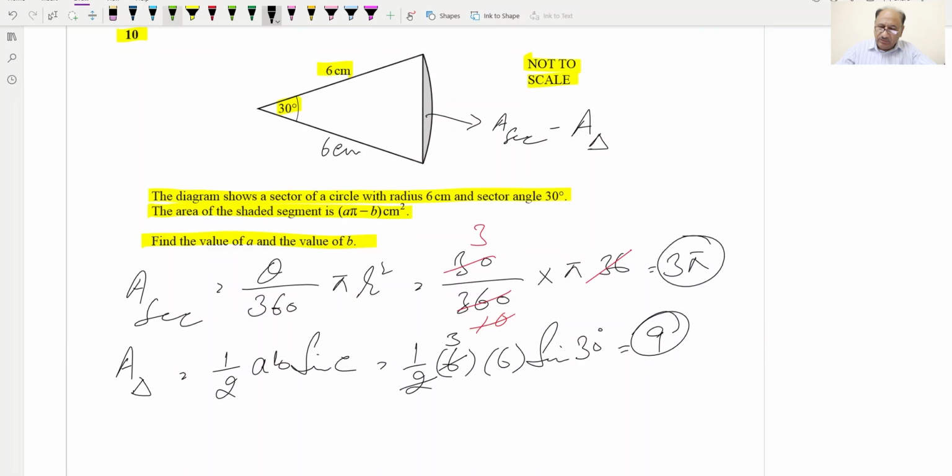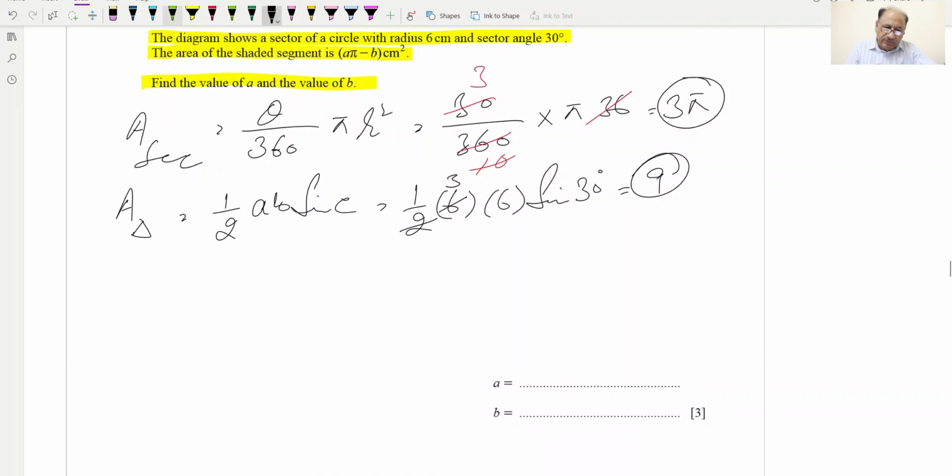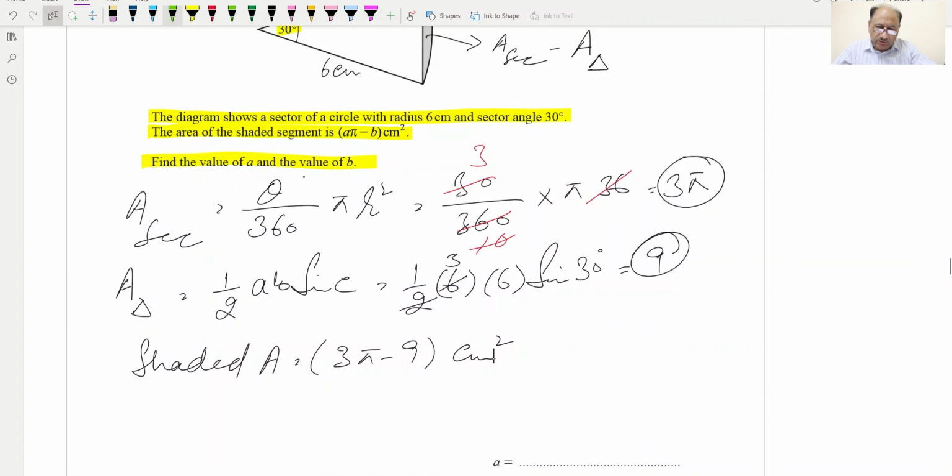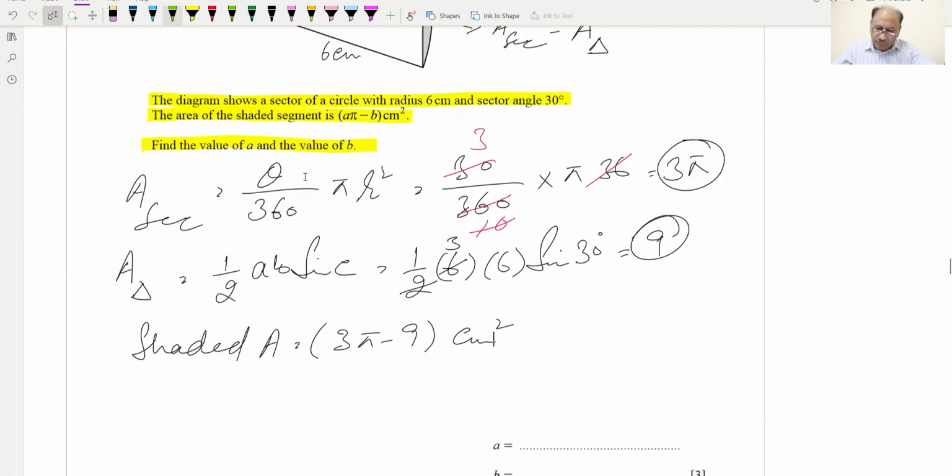So we can write this as 3 pi minus 9. This will be the shaded area. So the shaded area is equal to 3 pi minus 9 centimeters squared. This will be our answer for this one.